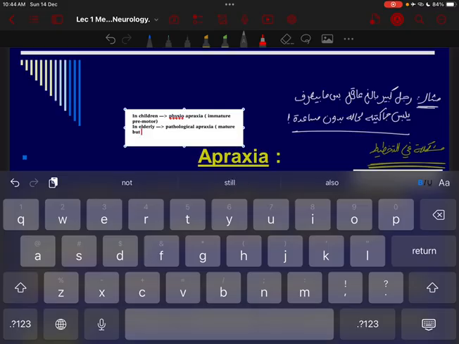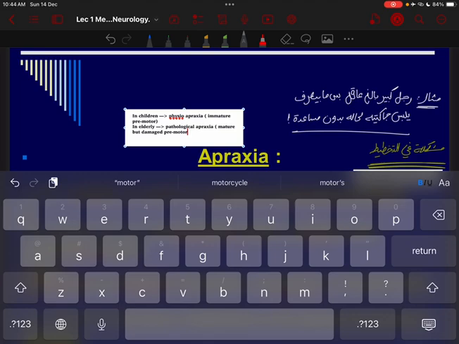This is planning. But if there is no planning, I lift up the jacket, and instead of putting my right arm in the right sleeve, I put my left arm in the left sleeve.